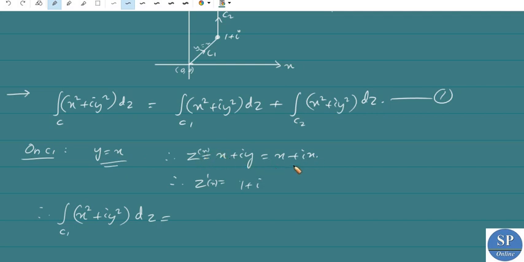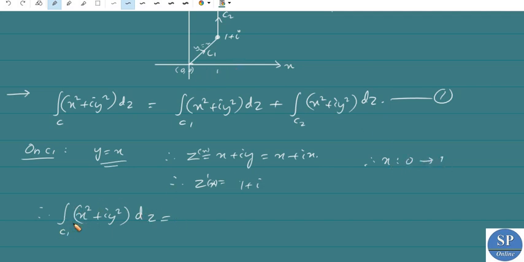So z of x is equal to x plus ix, therefore z dash of x is equal to 1 plus i. And x varies from 0 to 1.